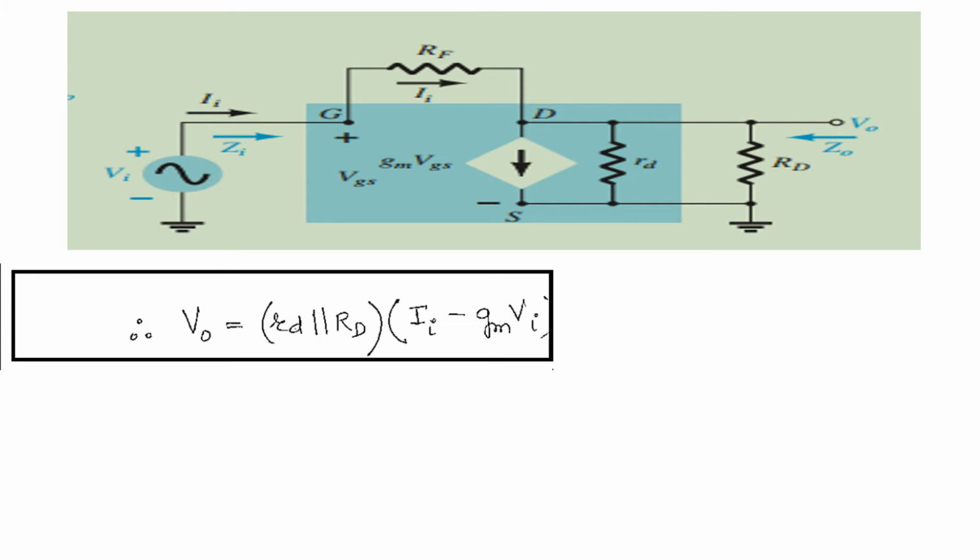The direction of the output current is like this. So this is your output current that is flowing.